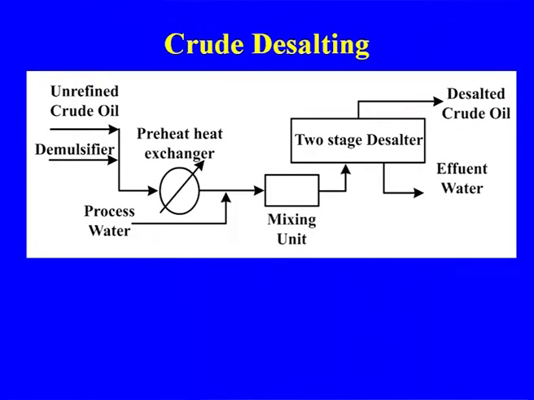This is the process which we are using for crude desalting. Unrefined crude oil, to which you are adding demulsifier, goes for preheating. After the preheating, the process water is added as mixing water, then it goes to the 2-stage desalter, and the desalted crude finally goes to the refinery.